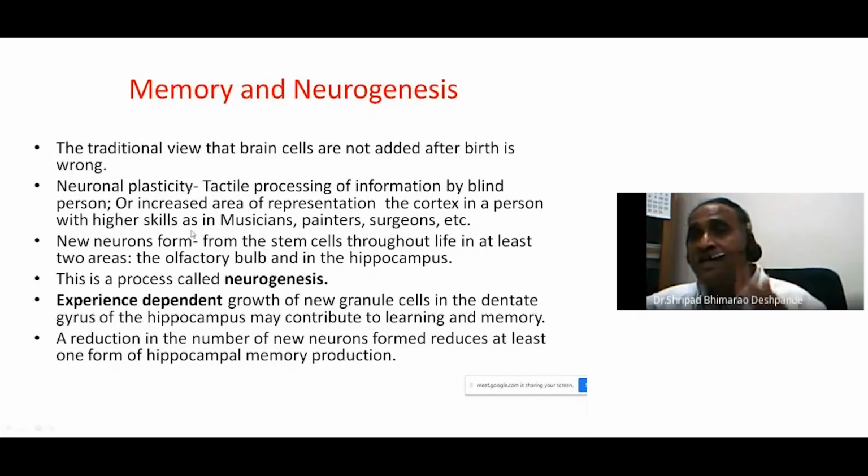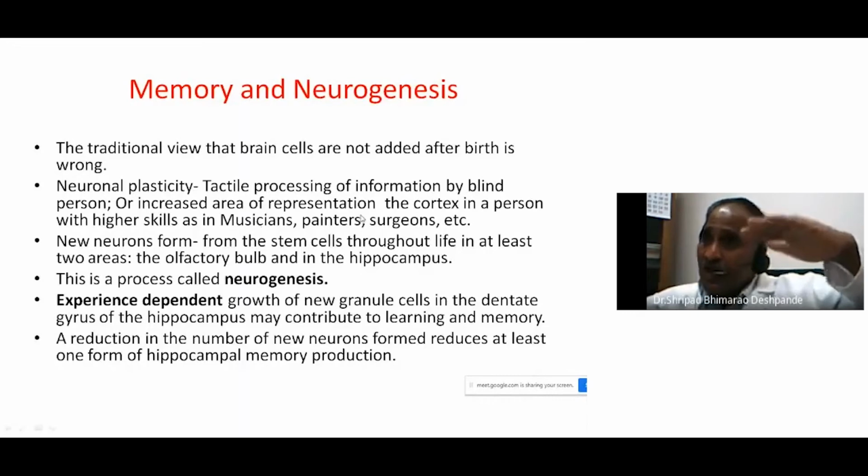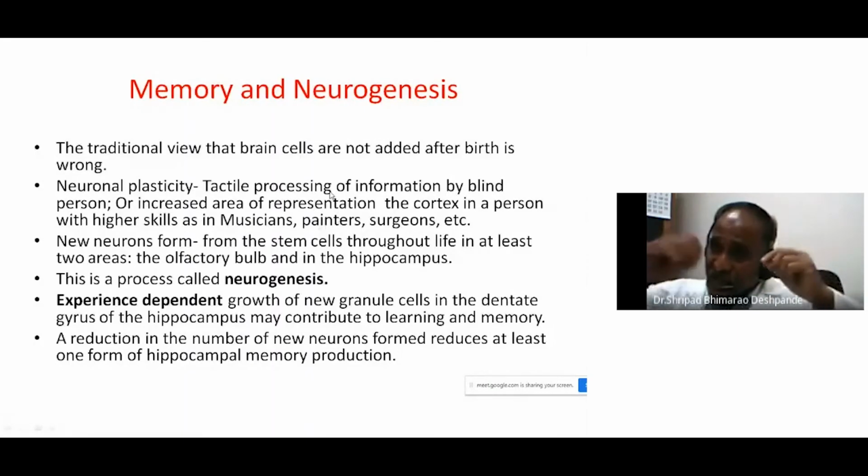If you see an area, for example the Heschl's gyrus or auditory cortex, it will be very large in the case of musicians of an established, high level. Or the great painters, who have somatosensory hand skill movements, have a large area, the greater area they take up.